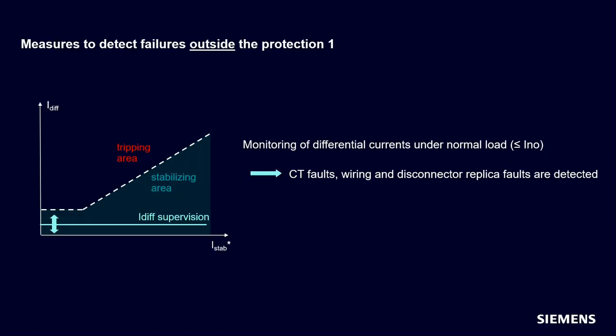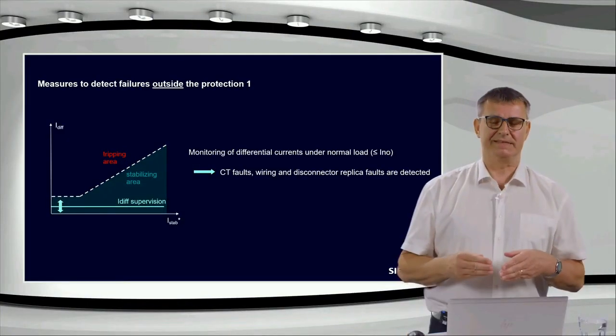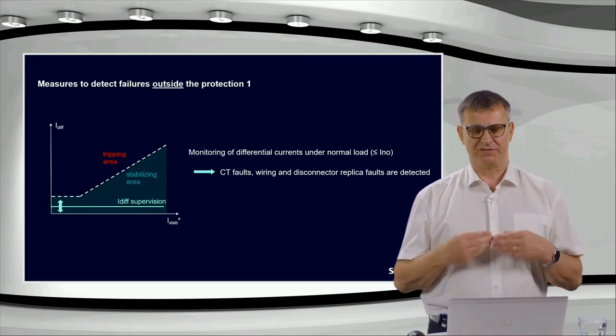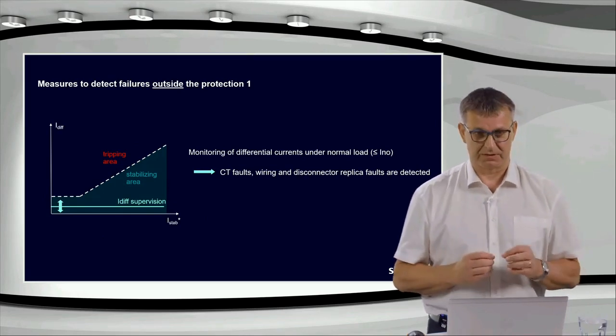You remember when I explained the busbar differential protection, this minimum differential current threshold should be higher than the load current of the feeder with the highest operational current, and the threshold of the differential current supervision should be lower than the operational current of the feeder with the lowest current.